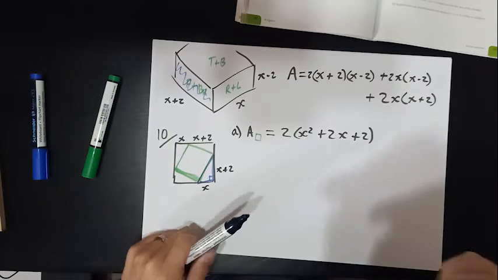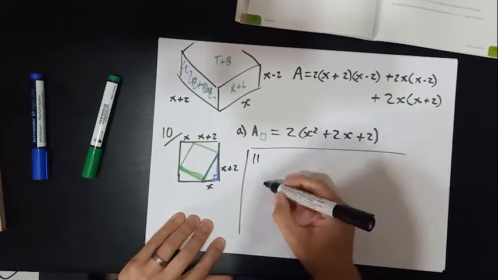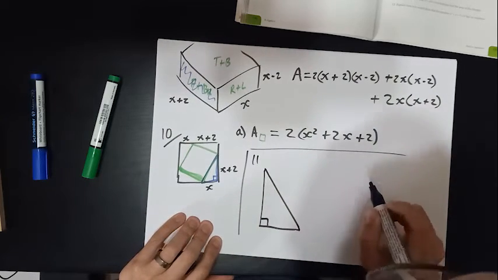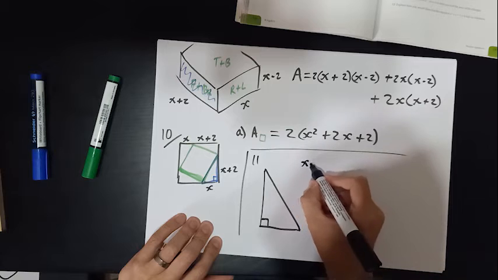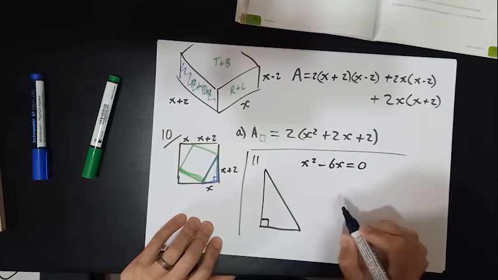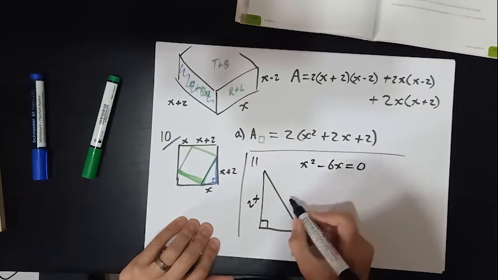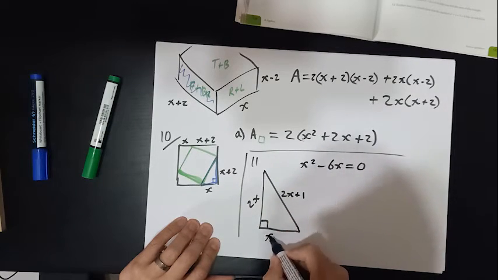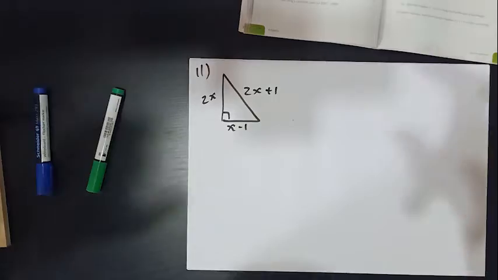Okay, question 11. Show that for this triangle, x squared minus 6x equals 0. What does that mean? So that height there is 2x, this is 2x plus 1, and this is x minus 1. Okay, so I had to think about this.